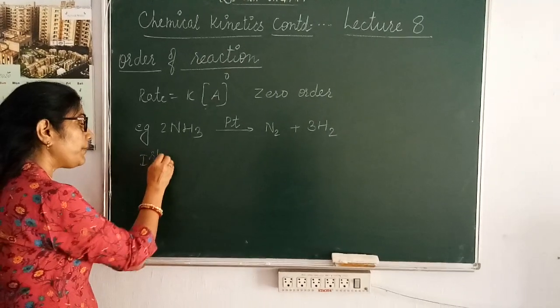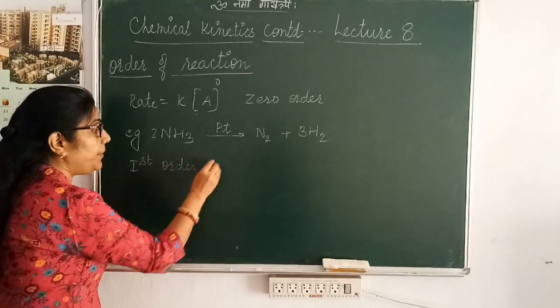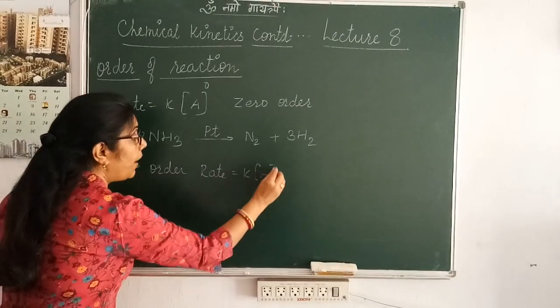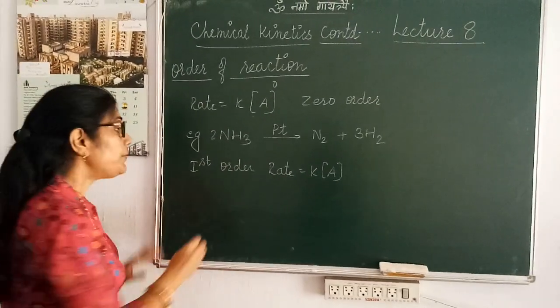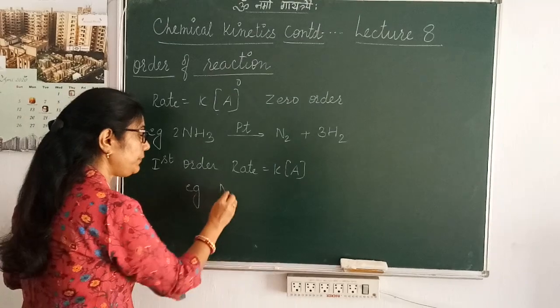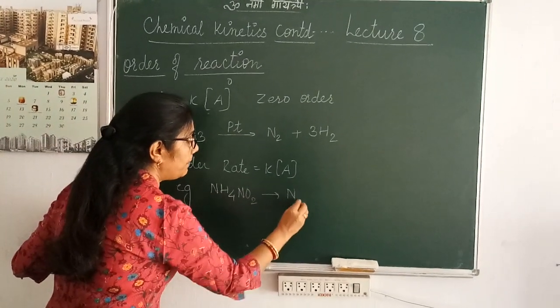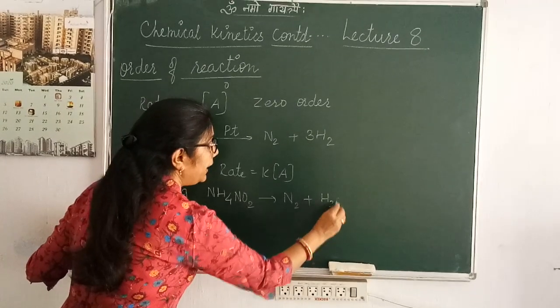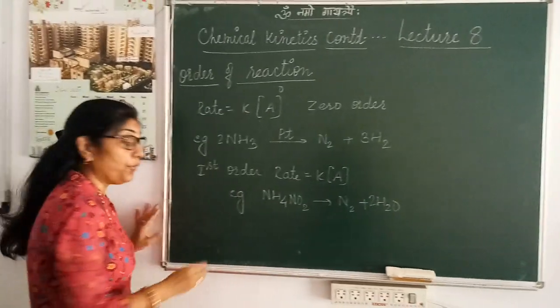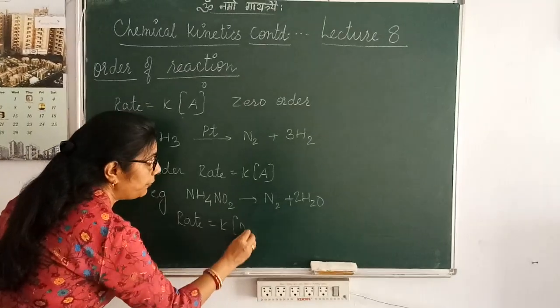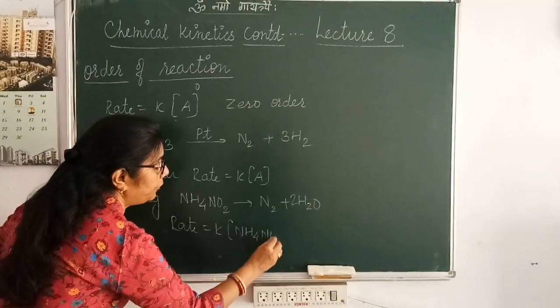First order, that means the concentration power is 1. As for example, ammonium nitrite decomposes into N2 plus 2H2O. So the rate will be equal to K into NH4NO2.